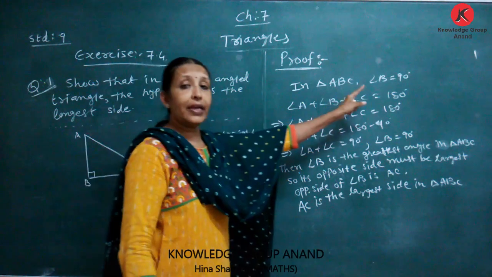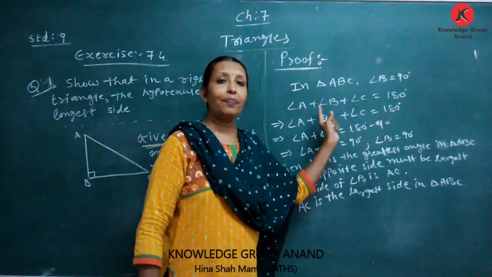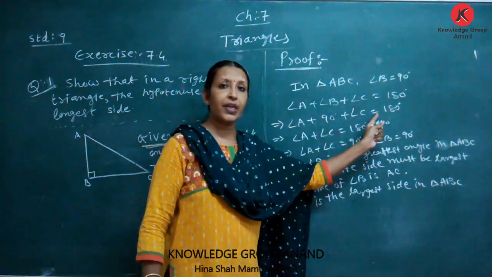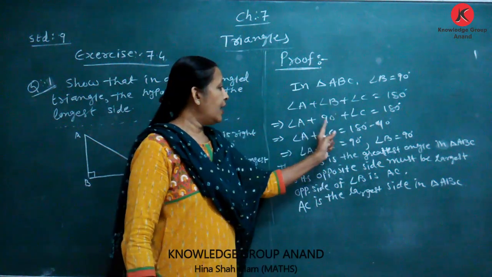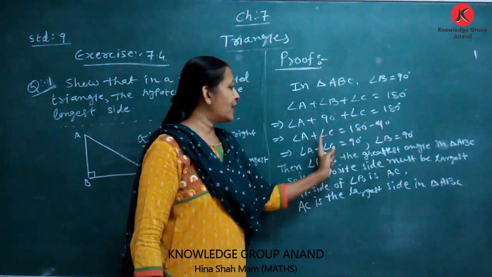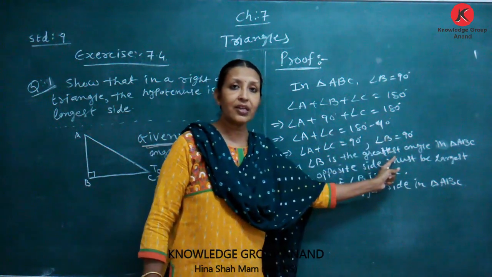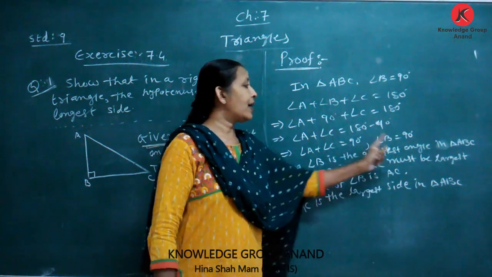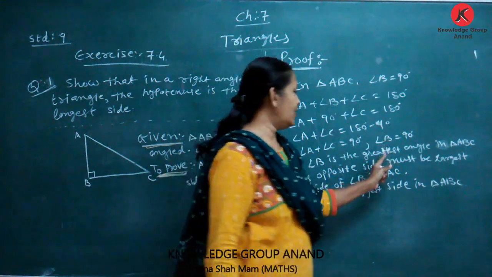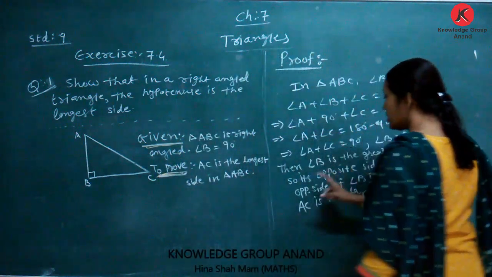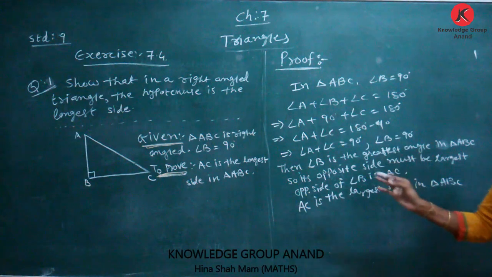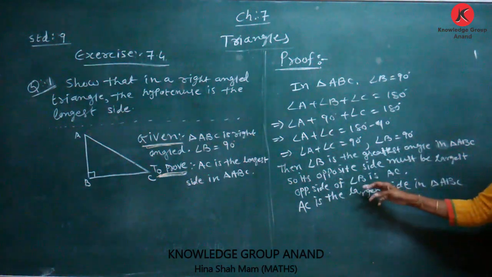In triangle ABC, angle B is equal to 90 and angle A plus B plus C is equal to 180. Angle B is equal to 90 degrees, then angle A plus C is equal to 90 degrees. In this, angle B is the greatest angle in triangle ABC. So its opposite side must be the largest.